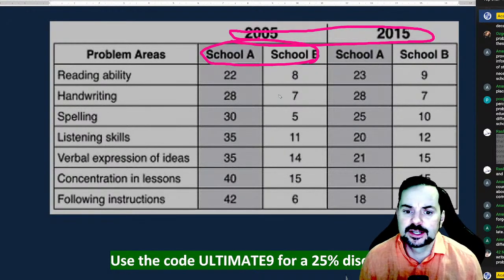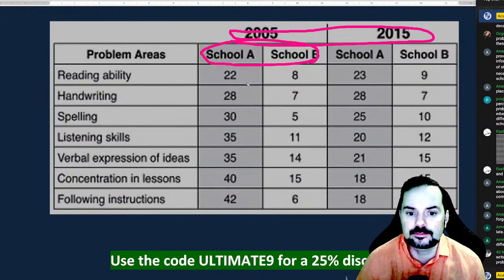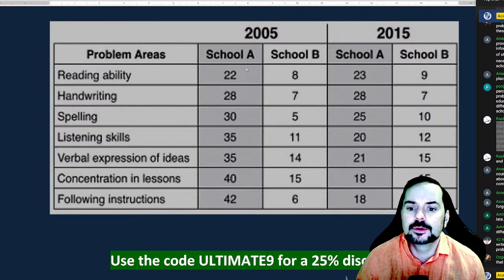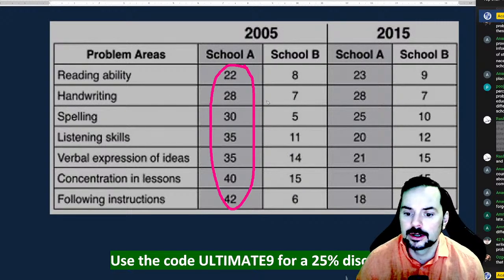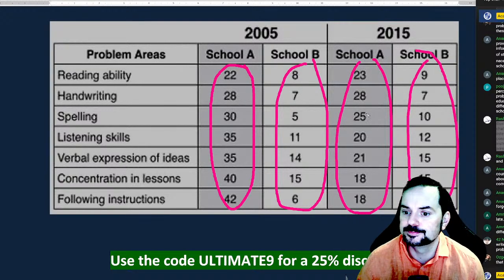Suffer often indicates a physical pain, not just mental anguish. Okay. All right. So, first of all, we can clearly notice that school A has significantly more students having difficulties in these 7 areas than school B in both years, right?